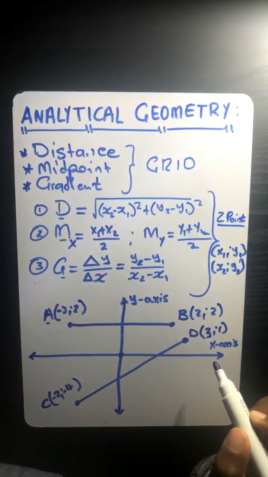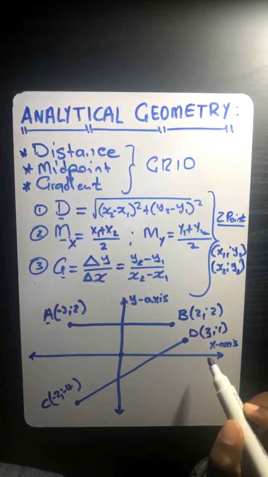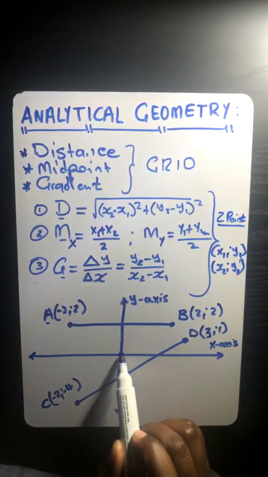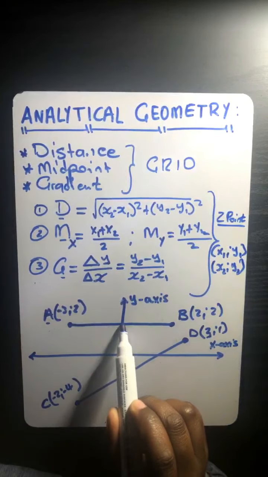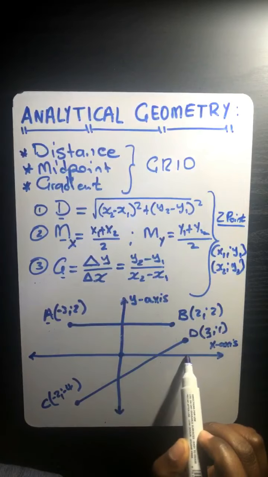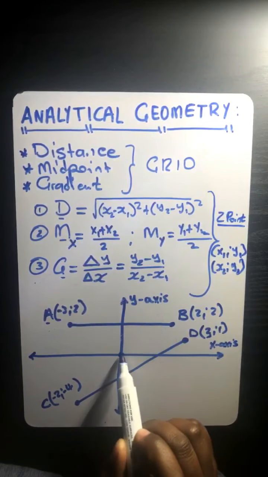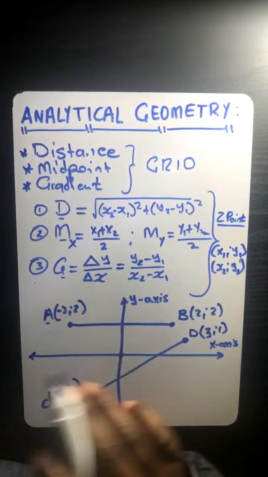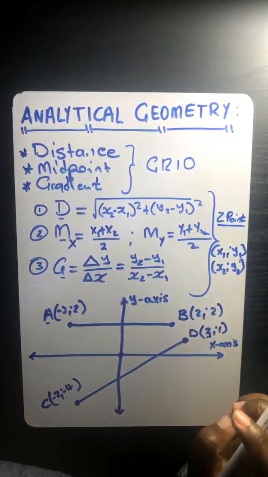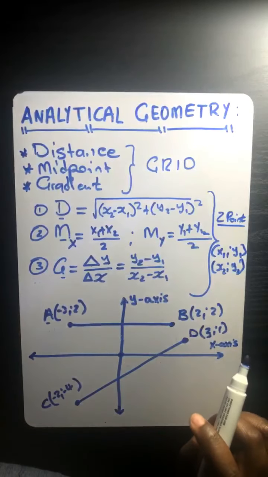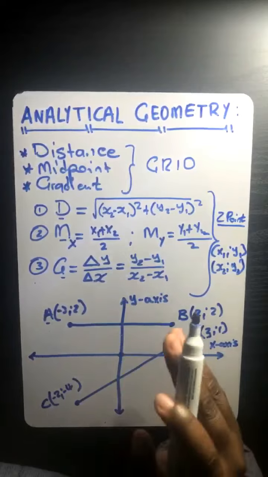When we say something is not drawn to scale, we're simply saying don't try and take a ruler to say, hey, this distance from there to there, we can see it's 2, but from there to there, it actually seems to be 4, because it seems to be twice that distance. So don't use a ruler to check if this thing is accurate. That's why we say it is not drawn to scale.